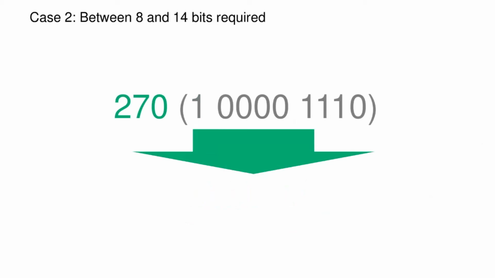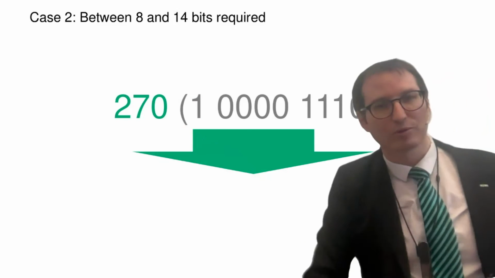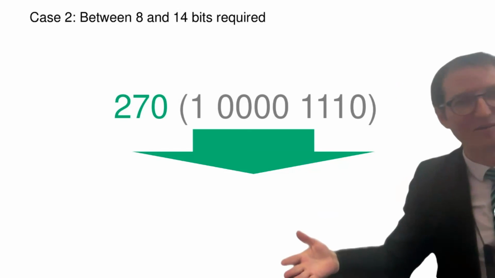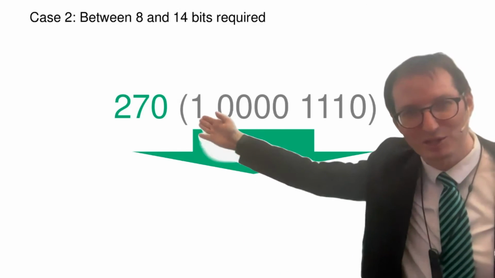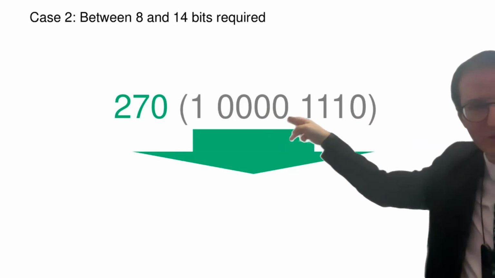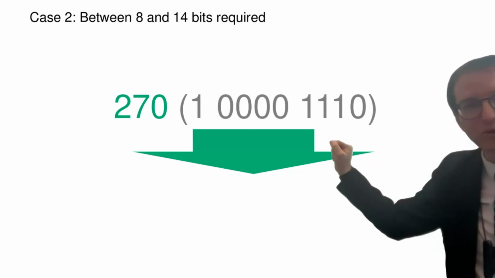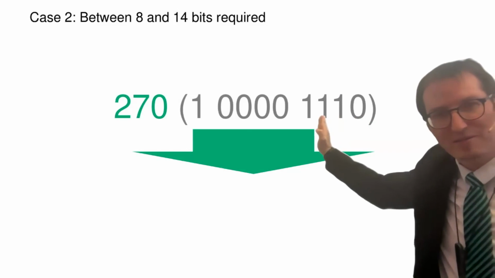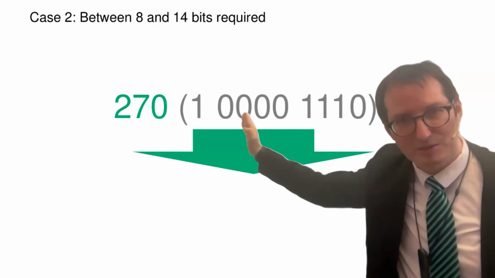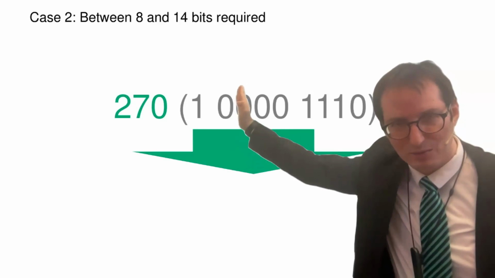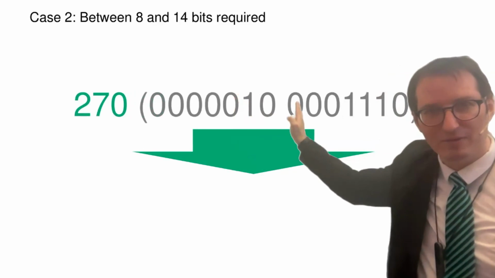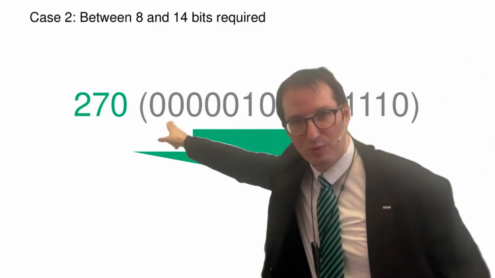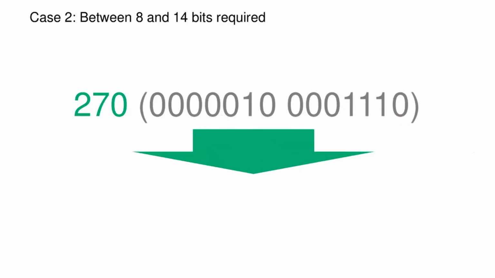So now we have a higher number that has more than 7 bits. Let's say 270, which happens to have the binary representation that you see here, 10001110. So what you do is you just try to count 7 bits, which brings us here, right? You just cut it here and rearrange like this, and you pad with zeros in here just to make it a multiple of 7.